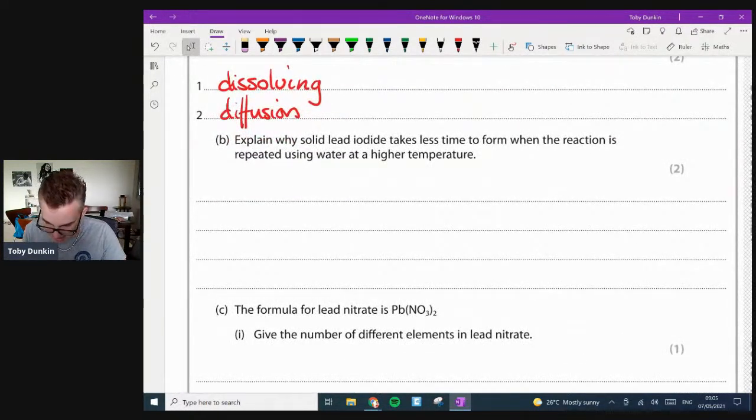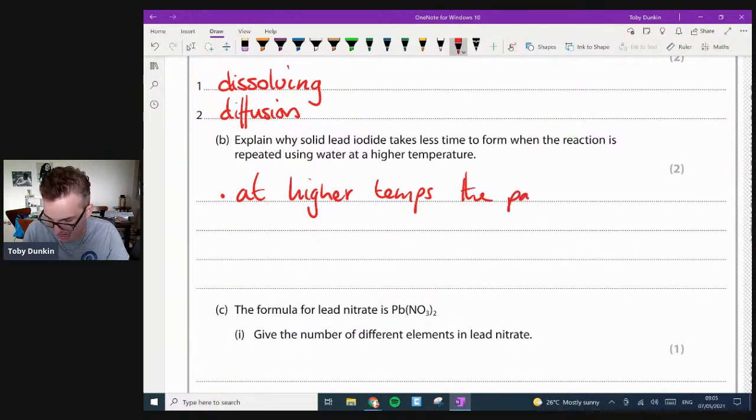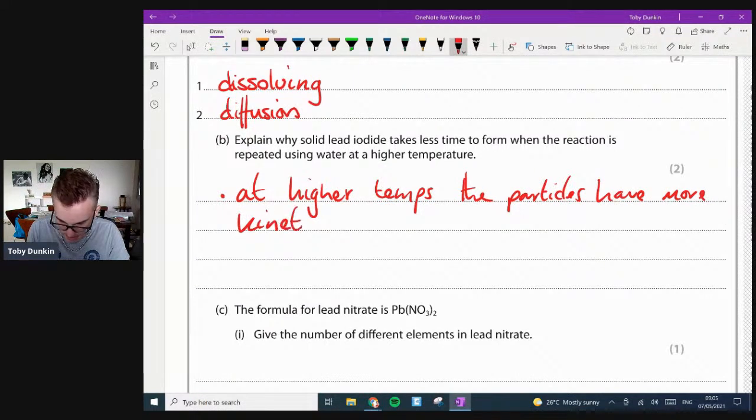Explain why solid lead iodide takes less time to form when the reaction is repeated using water at a higher temperature. Okay, so this is the recognition that the particles gain more energy at higher temperatures. At higher temperatures, the particles have more kinetic energy. You're not allowed to abbreviate it as temp in your exam, just warning you, it has to be temperature.